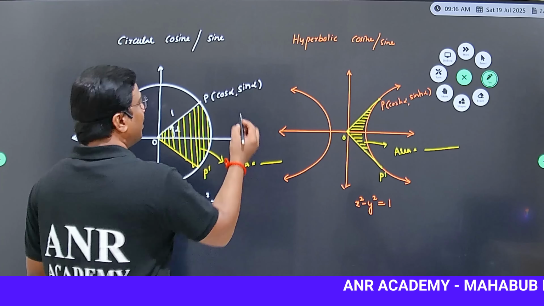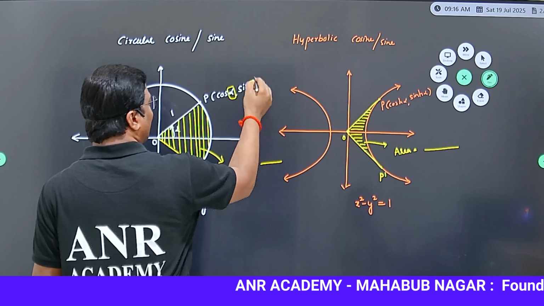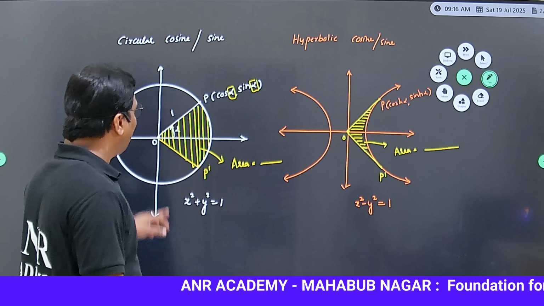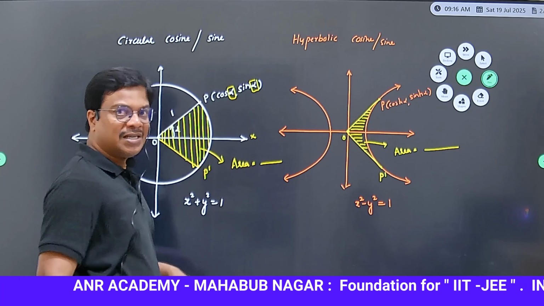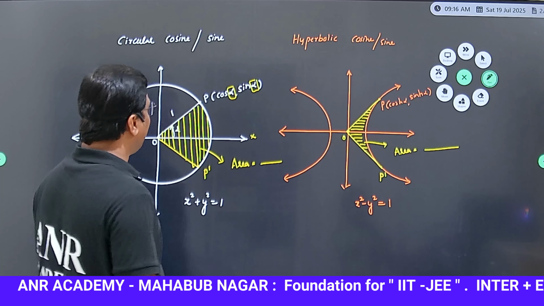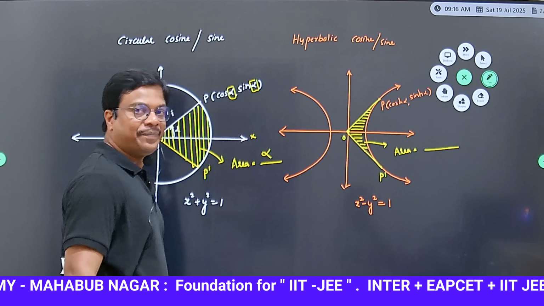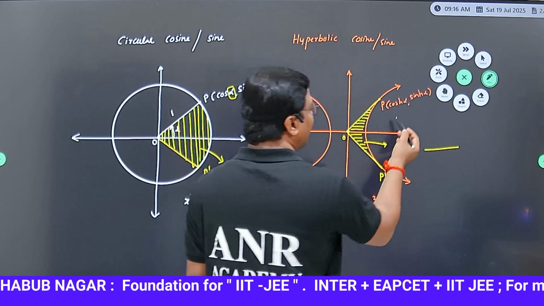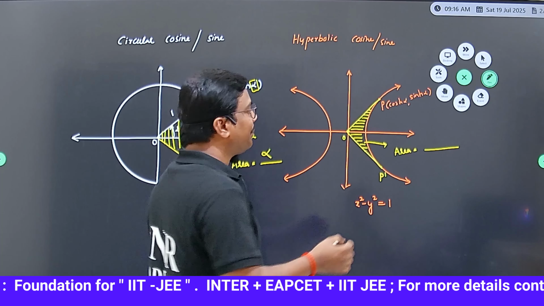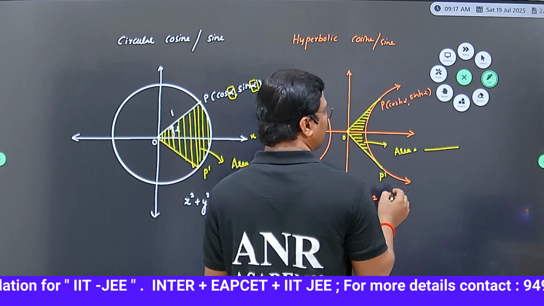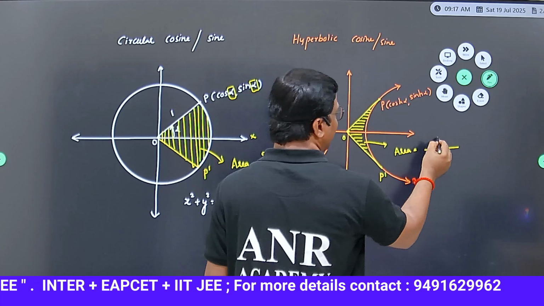Here, alpha is input for cosine and sine. Alpha is the angle made by OP with positive direction of x-axis. Also, that alpha indicates this shaded portion area. And here, alpha is not an angle input for the hyperbolic one; alpha is input, and alpha indicates this shaded portion area.